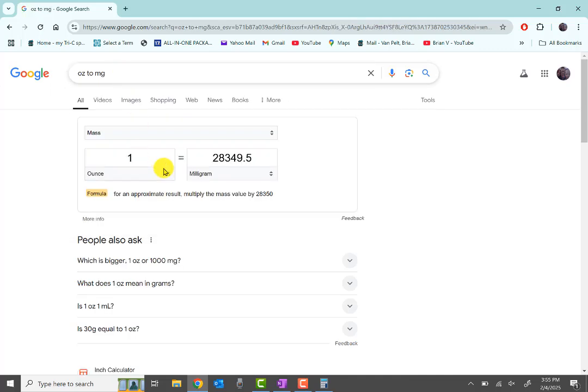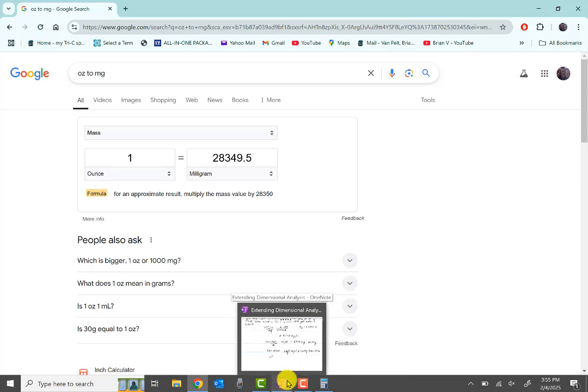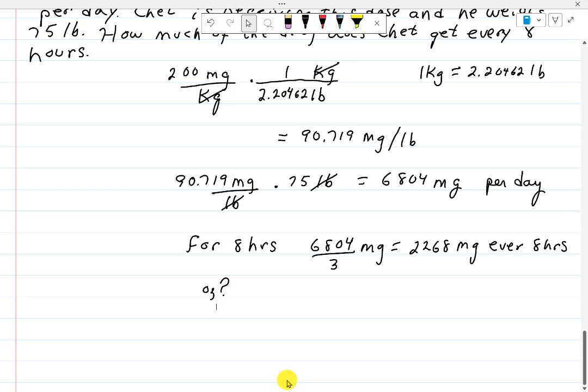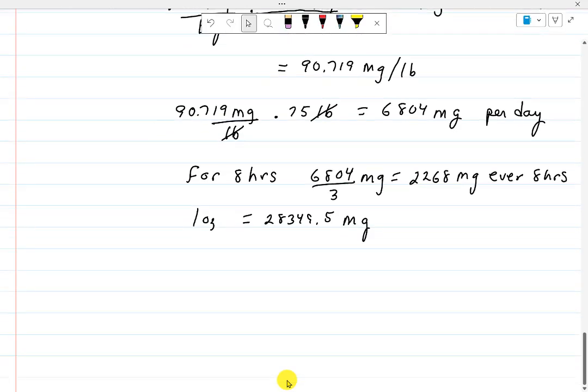So 1 ounce is 28,349.5 milligrams. So we're going to take our 2,268 milligrams, and I'm going to want to put milligrams on the denominator so that they cancel.